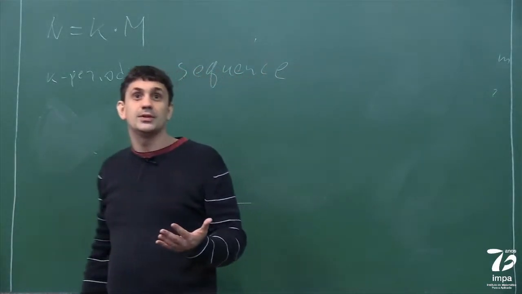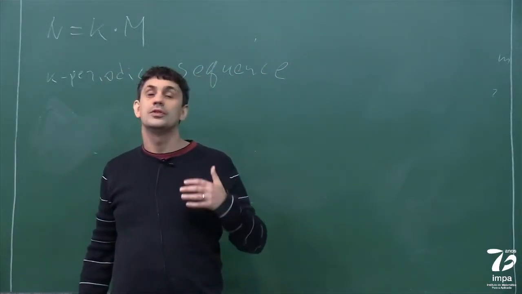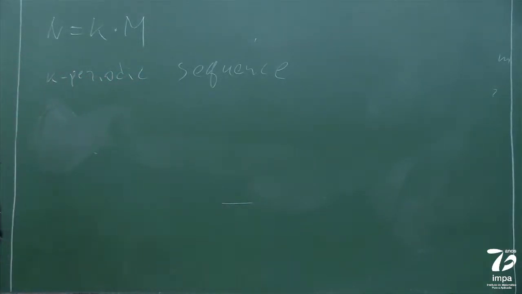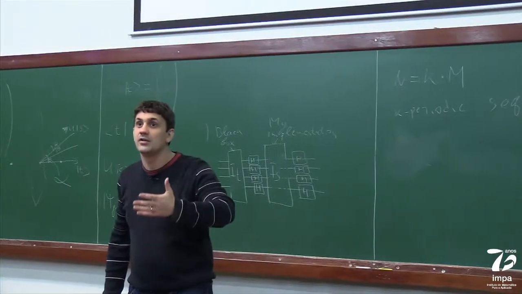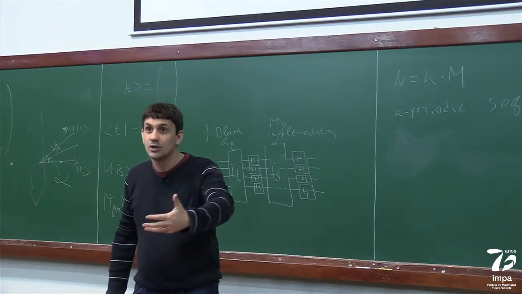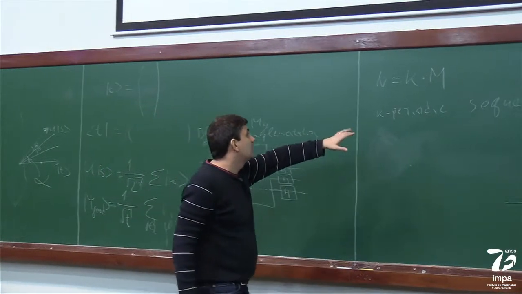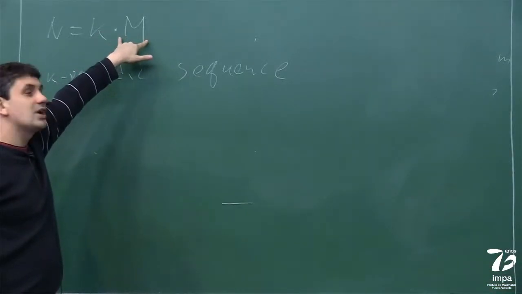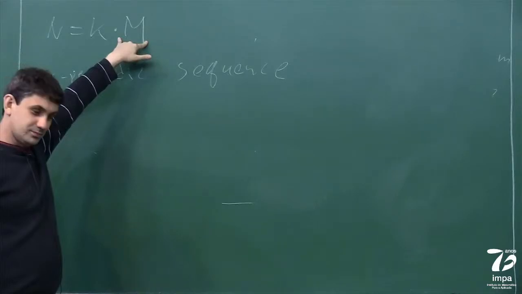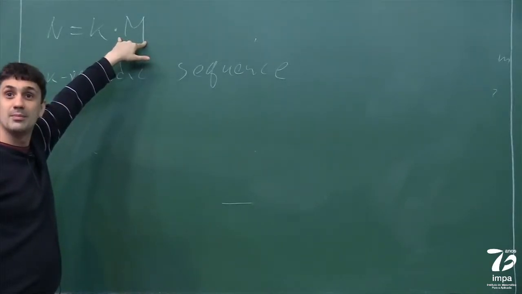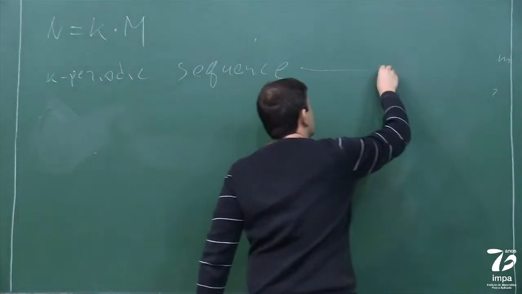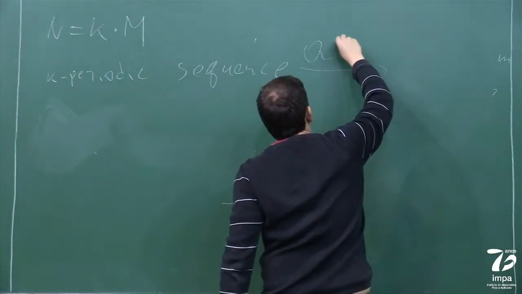Then the quantum Fourier transform, independently of what k-periodic sequence, should give me as a result a sequence with support on numbers which are, how to say, multiples of M. So I will get a sequence by quantum Fourier transform.